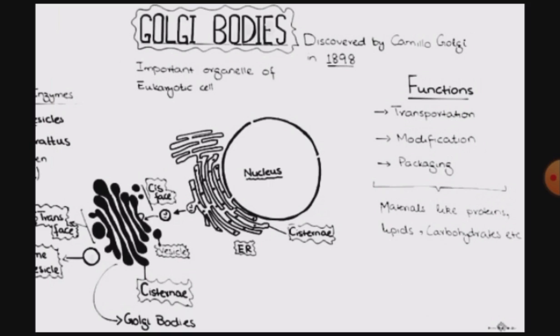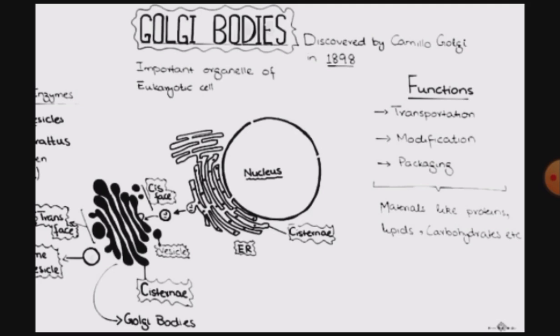The ribosome makes protein and passes it to the luminal space of the endoplasmic reticulum for further processing.